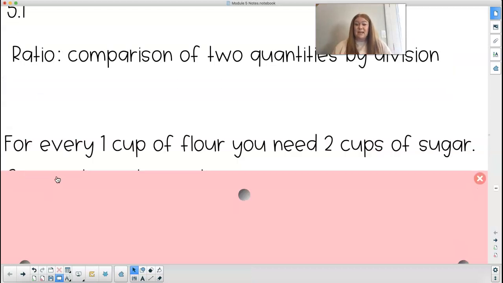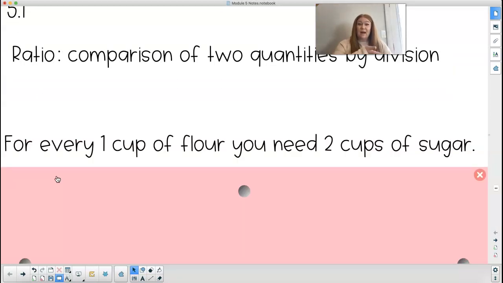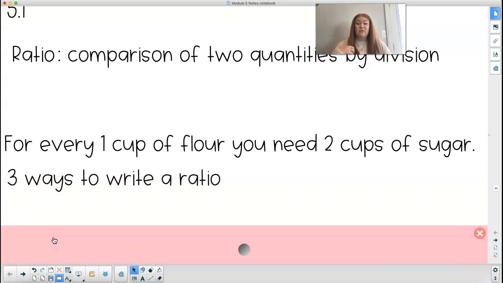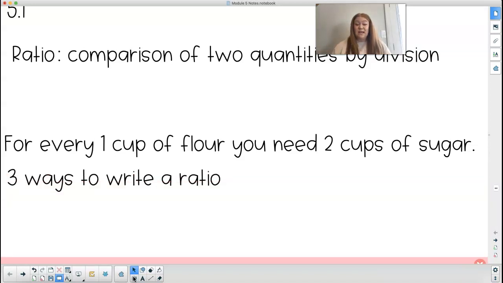So an example here, for every time I need 1 cup of flour, I need 2 cups of sugar. 1 divided by 2. So we have 3 ways that we can write a ratio. I can write it 1 cup to every 2 cups of sugar.